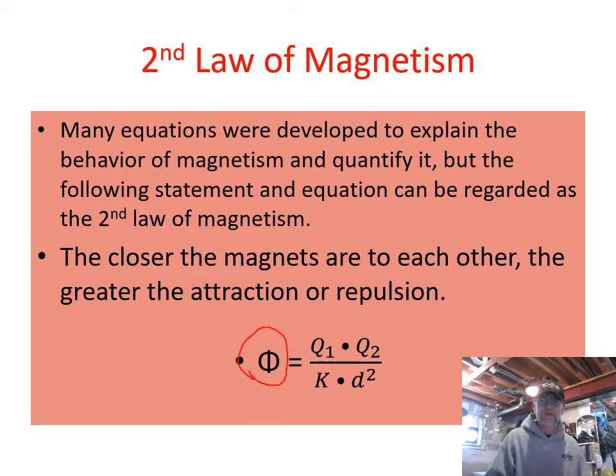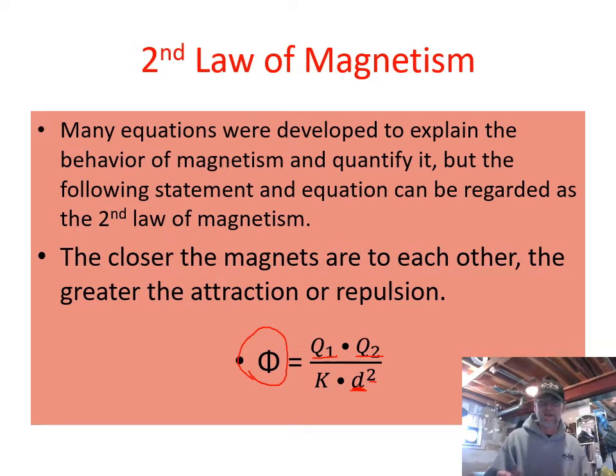So here's the point. Q1, the magnetic strength of the first object, and Q2, the magnetic strength of the second object. If either of those increase, the value for phi will increase. The distance between the two objects is a huge one, the fact that it's squared. We just looked at the result of something that's squared when we talked about I squared R as power.